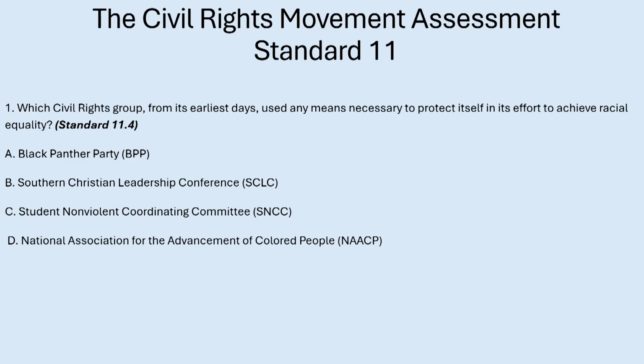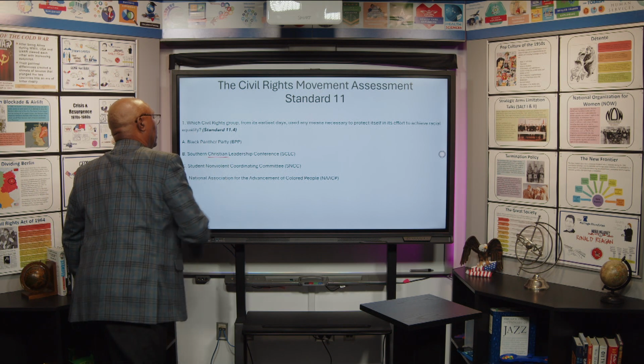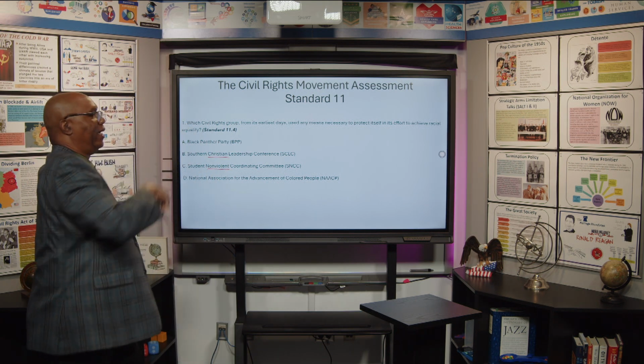Which civil rights group from its earliest days used any means necessary to protect itself in an effort to achieve racial equality? The Black Panther Party, the Southern Christian Leadership Conference, the Student Nonviolent Coordinating Committee, or the National Association for the Advancement of Colored People? Well, if you think about it, we have some clues here. Christian, nonviolent. Does that sound like Christian?